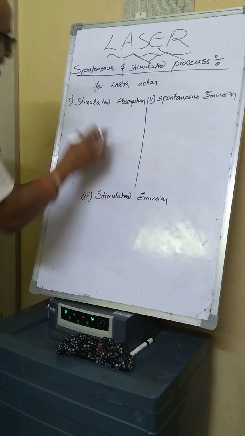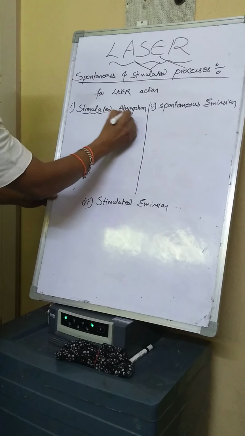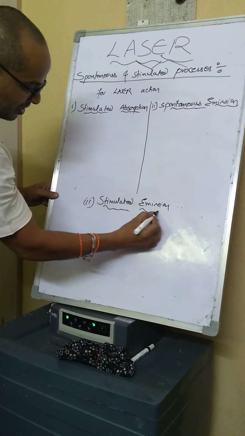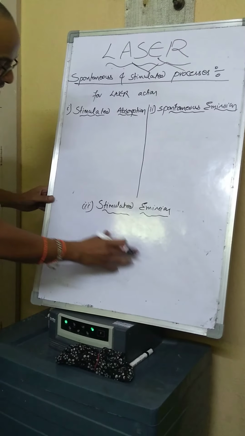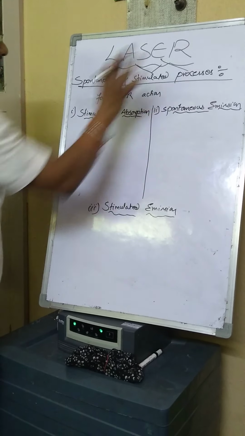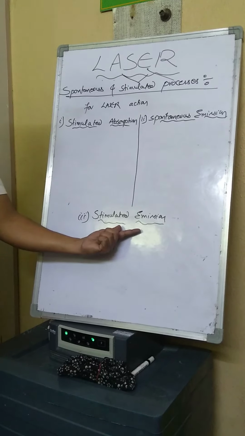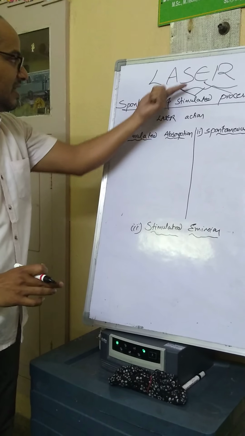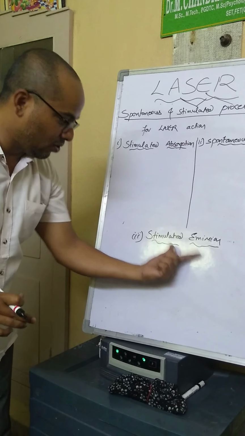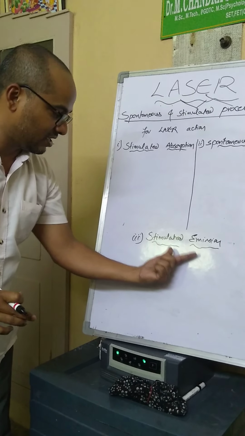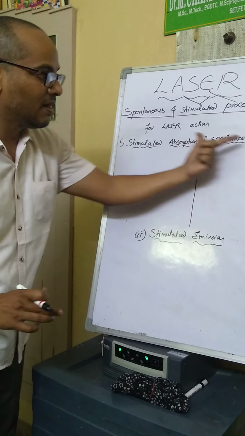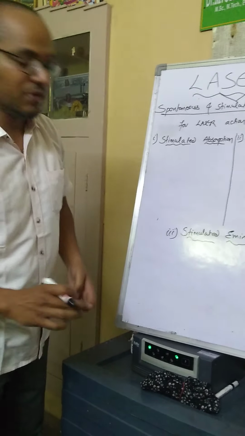If we are clear with stimulated absorption and spontaneous emission, then we will clearly understand the concept of stimulated emission, which is the keyword for the laser, right? The stimulated emission అర్థమైతేనే మనకి లేజర్ అనేది అర్థమైంది. సో ఇది అర్థం కావాలి అంటే in order to get the background for the stimulated emission, there is a huge background called stimulated absorption and spontaneous emission.